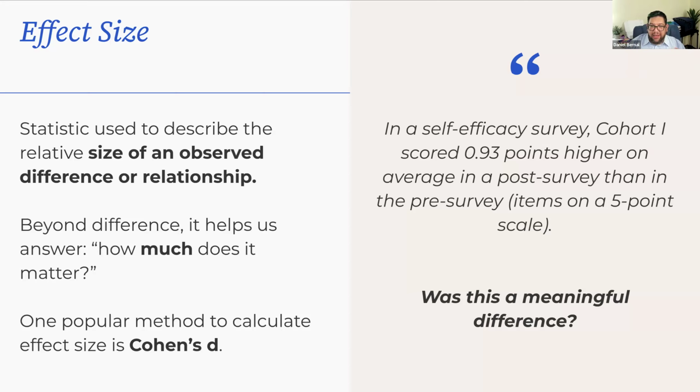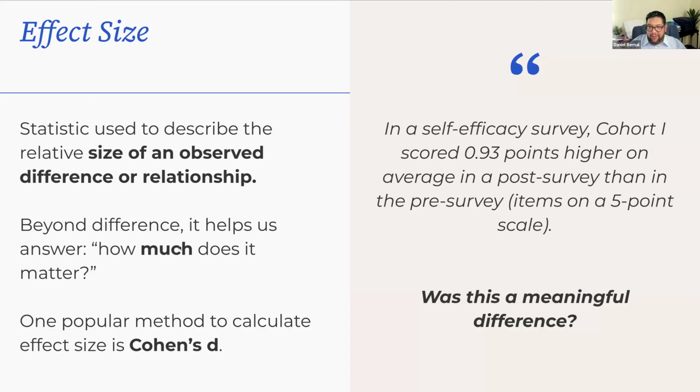So when we talk about a pre or post, or the difference between 2 cohorts in terms of a test that they take or a survey that they take, the size of that difference is going to be very important. And effect size is our standardized way to be able to say how meaningful is that difference.